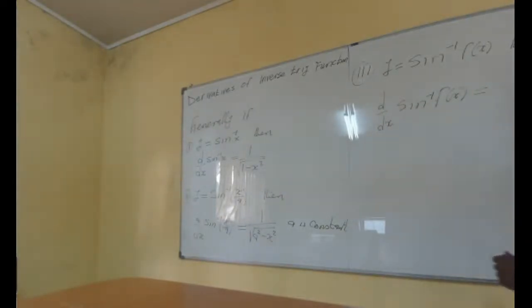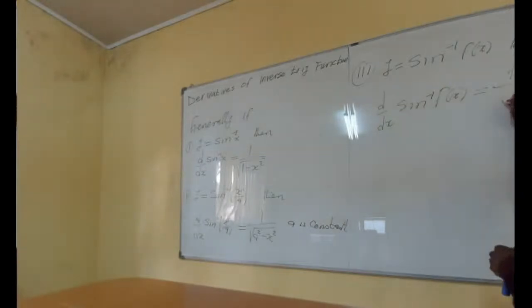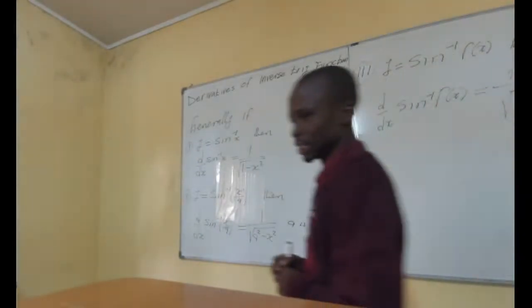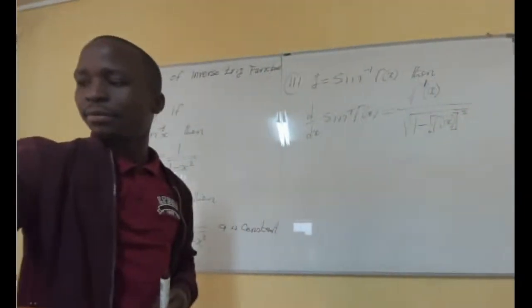What you're going to get is the derivative of f of x divided by the square root of 1 minus f of x squared. You can verify that if you want; this equation is going to hold.